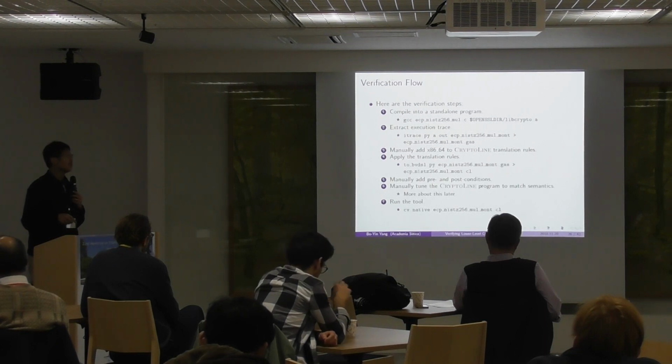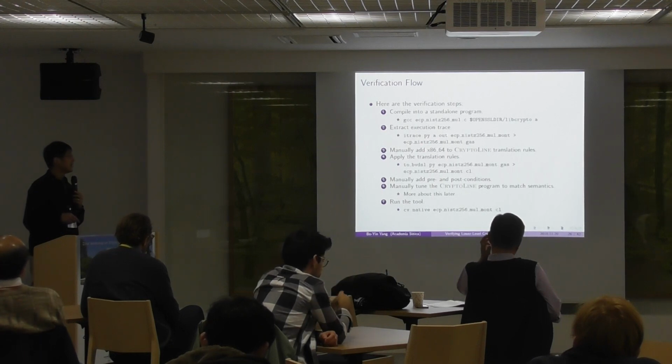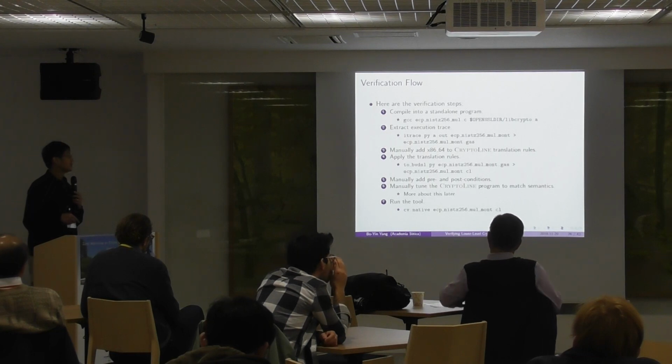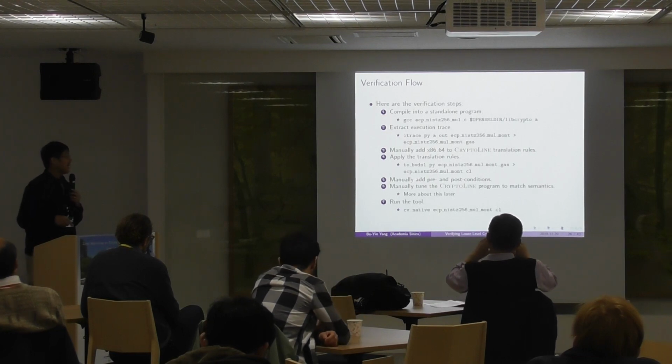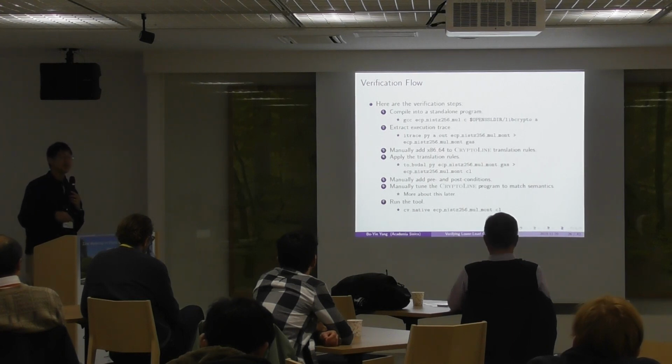This is a key multiplication routine in OpenSSL. We extract from the a.out an assembly program file, and we add some x86-64 to CryptoLine translation rules. We have some common translation rules already written for you, and we apply them to translate everything to CryptoLine.